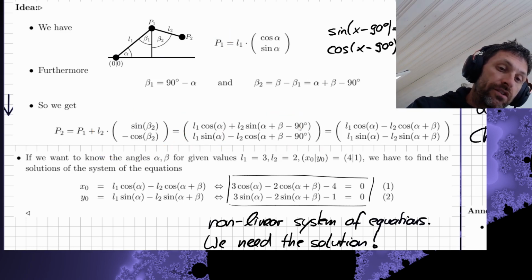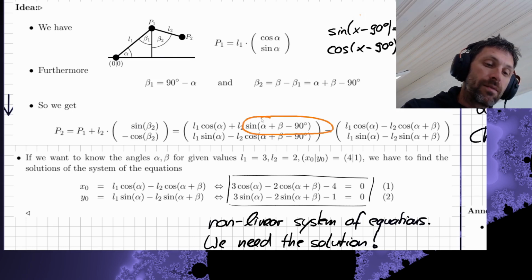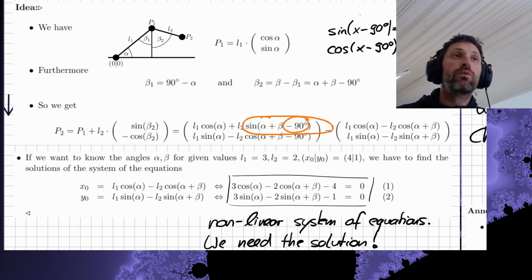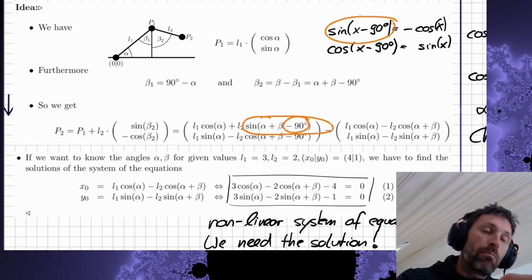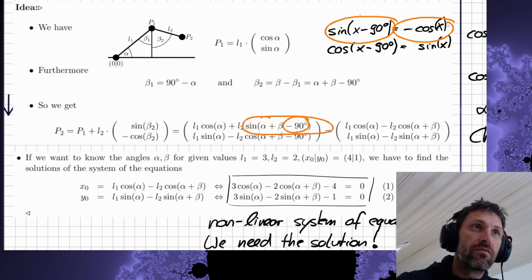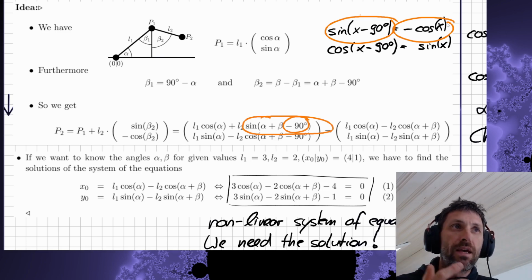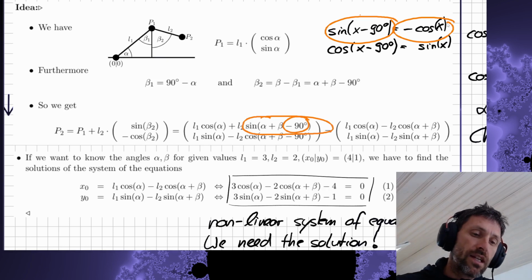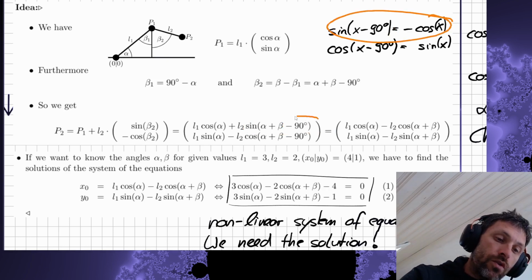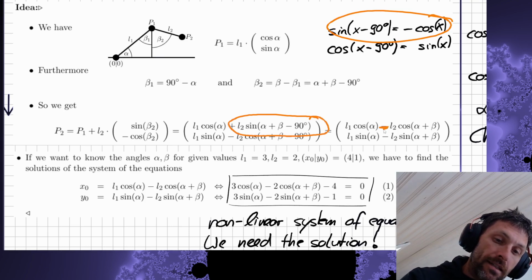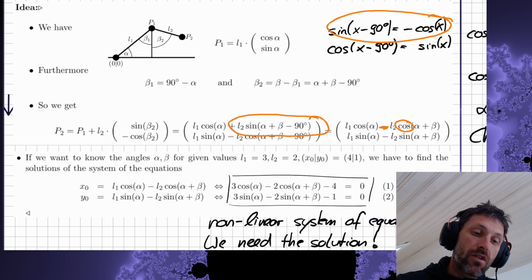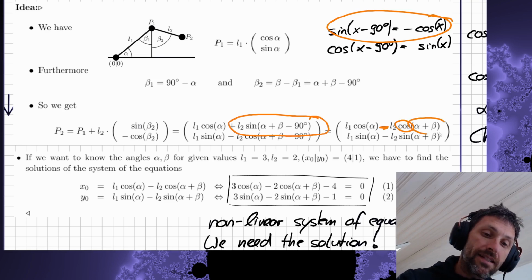But now our idea is the following. Instead of writing sine of alpha plus beta minus 90 degrees, we want to write something else. We know that sine of x minus 90 degrees is minus cosine x. Check that this is true. This is some basic property of sine and cosine. Because this is true, we can write that to be minus cosine of alpha plus beta.